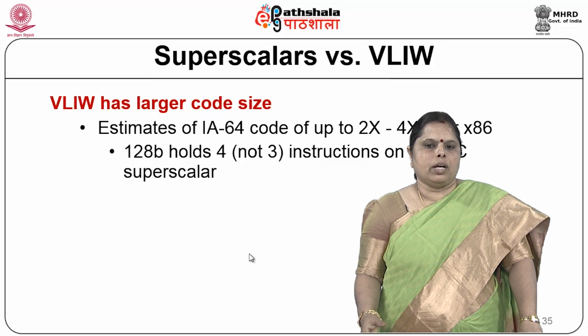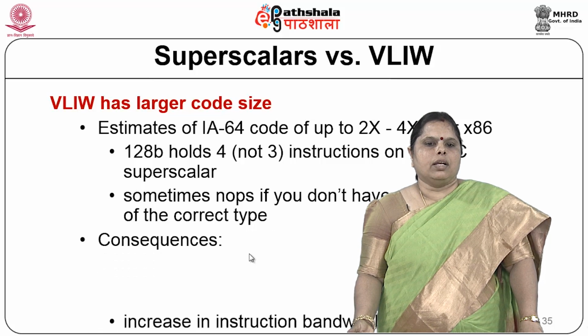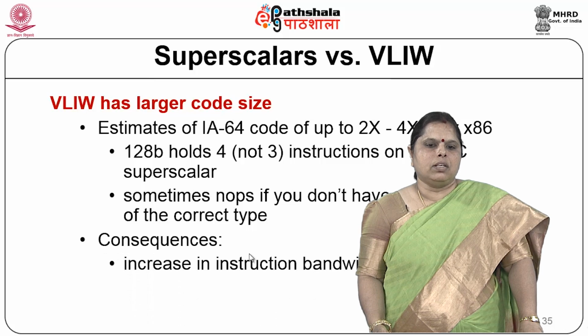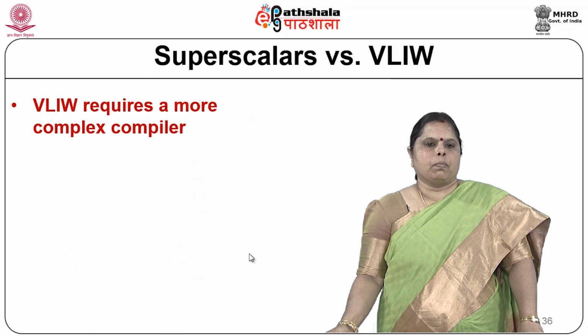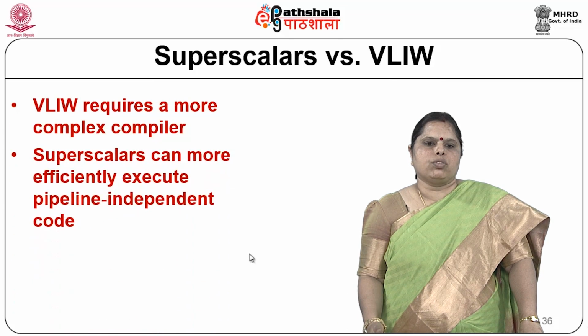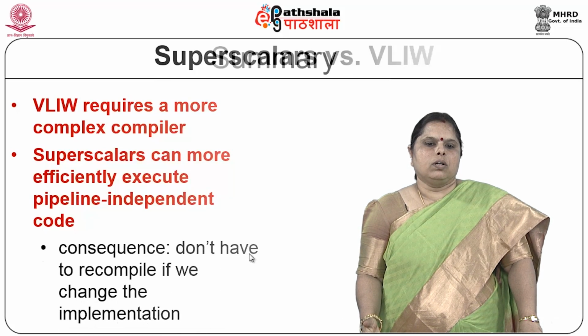There is about an increase of 2 to 4x over the x86 architectures, and the consequences are increase in the instruction bandwidth requirements and decrease in the instruction cache effectiveness. VLIW of course requires a more complex compiler, whereas Superscalars can more efficiently execute pipeline independent code.